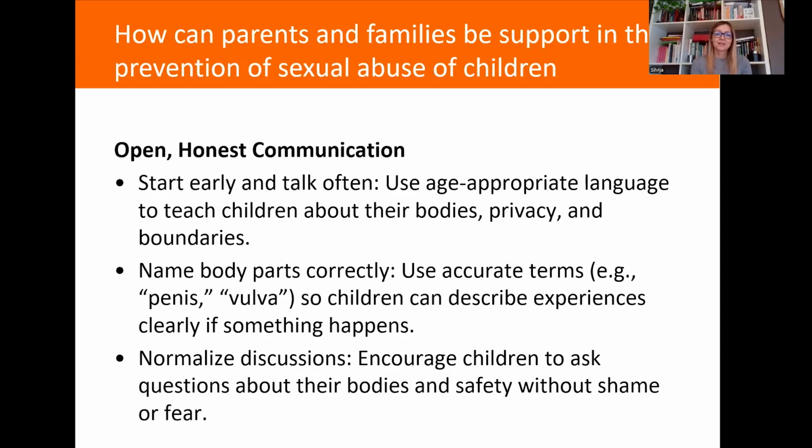One thing that is sometimes hard for parents, but is very important, is to name body parts correctly and use accurate terms. Use terms like penis and vulva, so children can describe experiences clearly if something happens. We encourage that to parents and also to teachers.